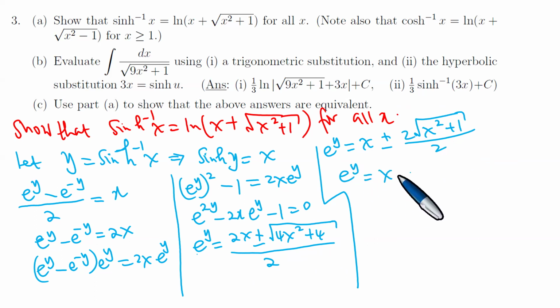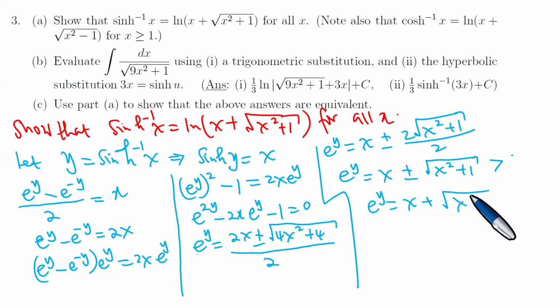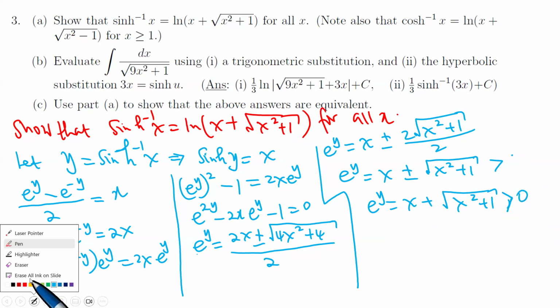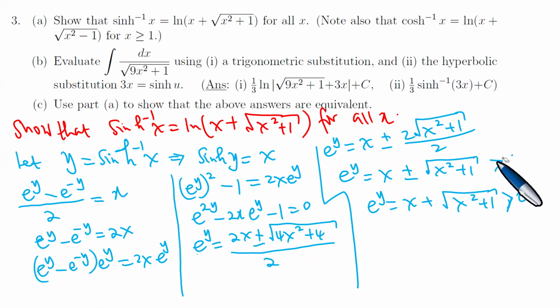Which is e to the y, it's x plus or minus that. Okay, you get this. The exponential function here is positive, so e to the y would have to be x plus, so that you can ensure positivity, because this is positive with the plus in the middle.